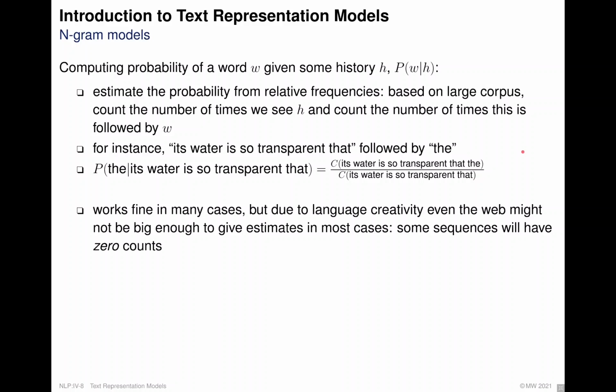And this works in a lot of cases, but there is an obvious problem. Of course, we can only estimate these counts based on some corpus. The corpora that are available now are really large, in particular corpora based on the web. So in particular, the full web being used as corpus. So very likely, a lot of language is already represented in such a data set.